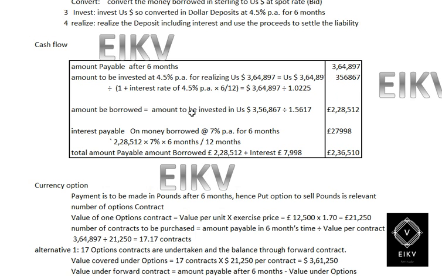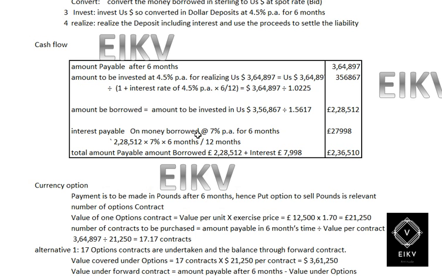So the amount to be borrowed would be the amount to be invested, 3,56,867 divided by 1.5617. So it would be the GBP of 2,28,512.